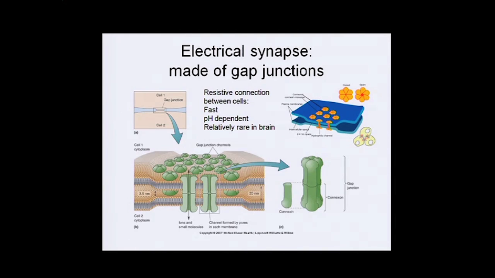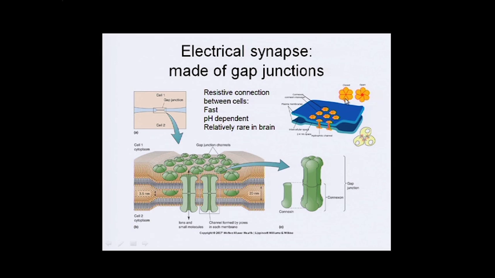So first, electrical synapses. They're made up of gap junctions. As you can see, gap junctions are little places between the neurons where the plasma membrane is really close together and held together by these protein structures. They are made up of multiple units, and they're usually combined in little areas.